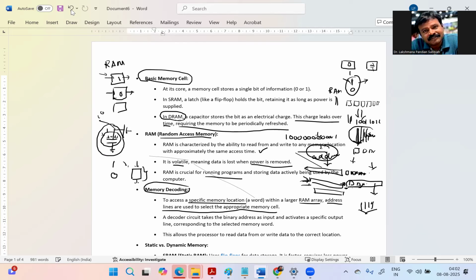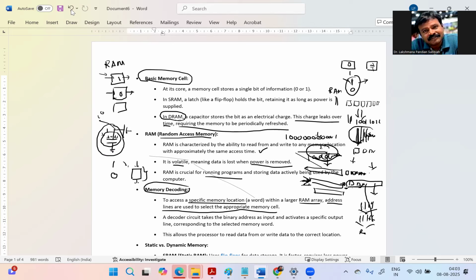Then we retrieve it. You have to select the corresponding address, give it on the address line, and then it is enabled. Whatever information is stored there comes out on the data line, where we can retrieve the data. A decoder circuit takes the binary address as input and activates a specific output line corresponding to the selected memory word.